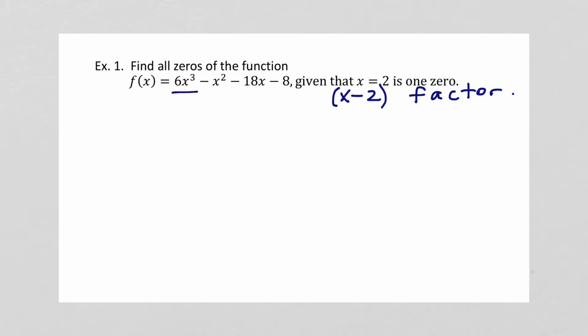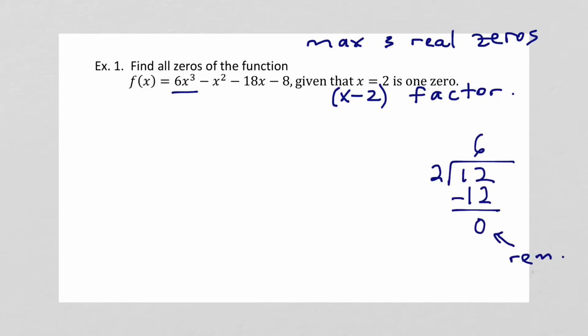Now, given that the degree is 3, we can have a max of 3 real zeros. I'm not dealing with complex zeros yet. All of the functions I give you in this unit are going to have real zeros. So you have a max of 3 real zeros, and it could be less if you have multiplicity going on. So we're given one of the zeros here.